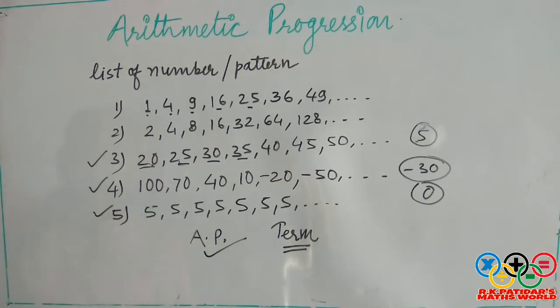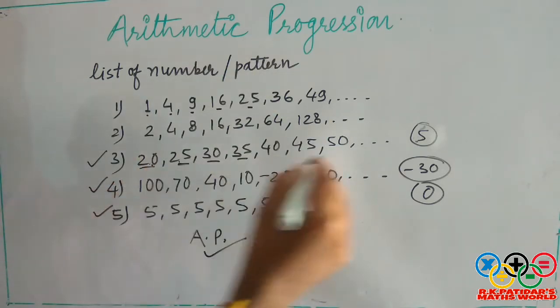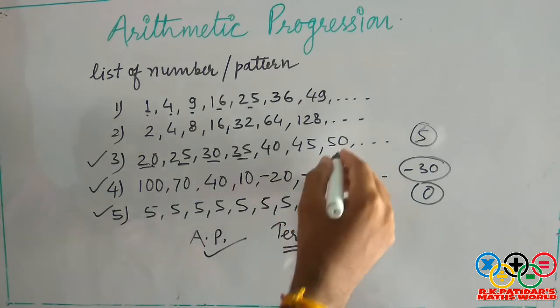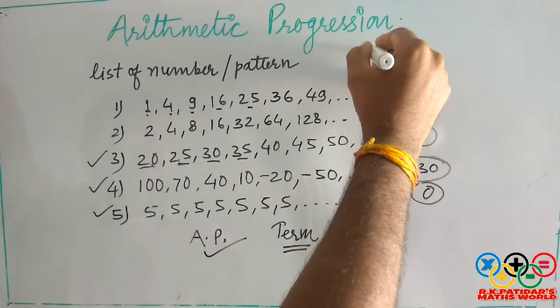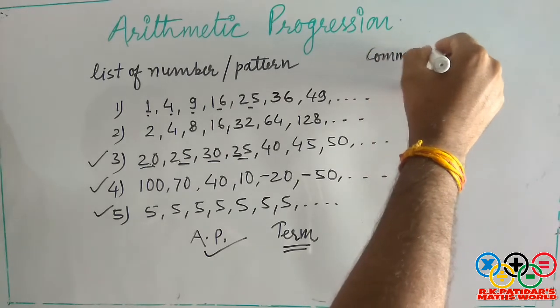So an arithmetic progression is a list of numbers in which each term is obtained by adding a fixed number to the preceding term, except the first term. The first term will be there anyway. After that, this fixed number is known as the common difference.